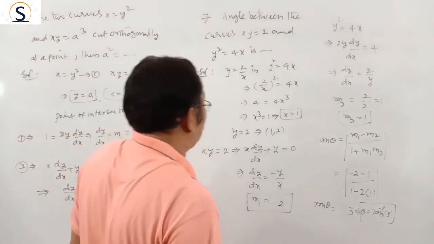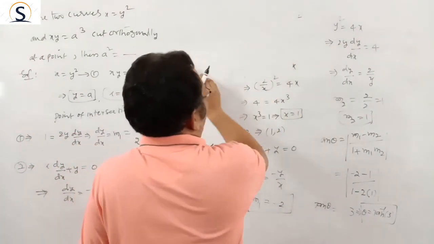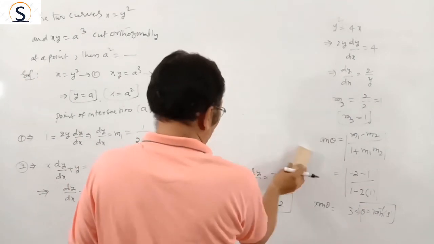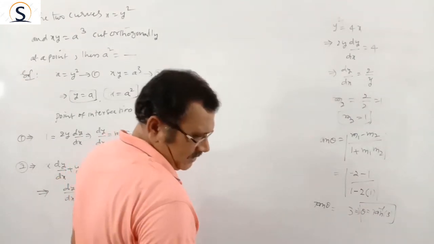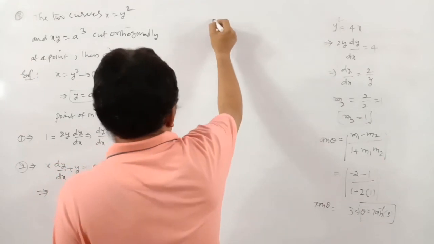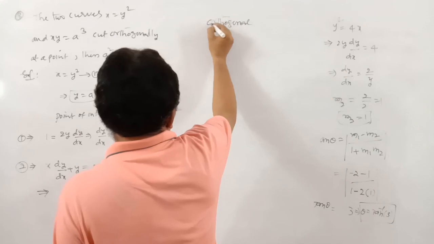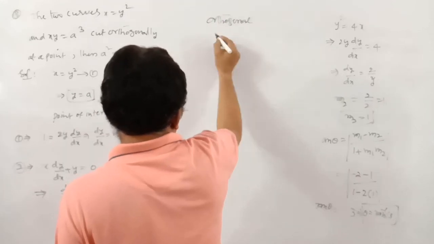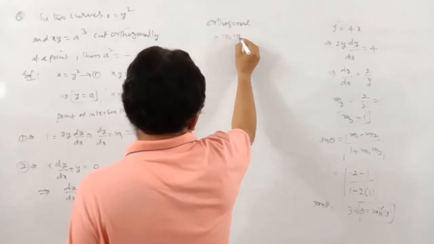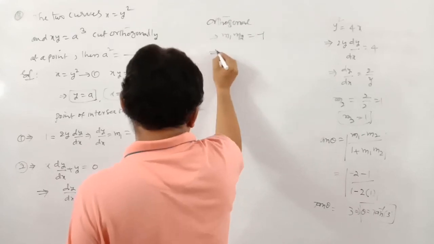Cancel, this is minus 1 by a, and I call it m2 because it is the second curve. Now cut orthogonally means what? m1 m2 is equal to minus 1. Orthogonal implies m1 m2 is equal to minus 1.